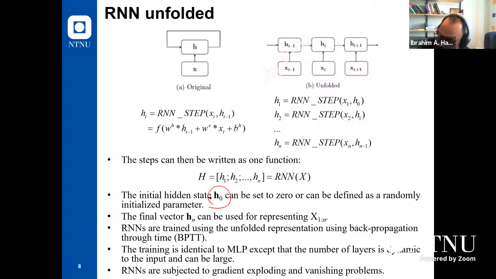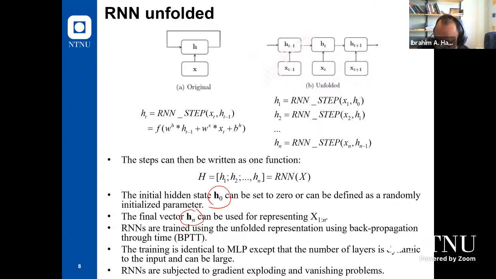When you are starting your problem, for example, maybe you are waiting for some data coming from a sensor, so at the beginning we don't have any information. So we can initialize H0 to 0, or to some small random number. The final vector Hn can be used for representing the whole sequence, in fact. So the final state will be representing the whole sequence of input.